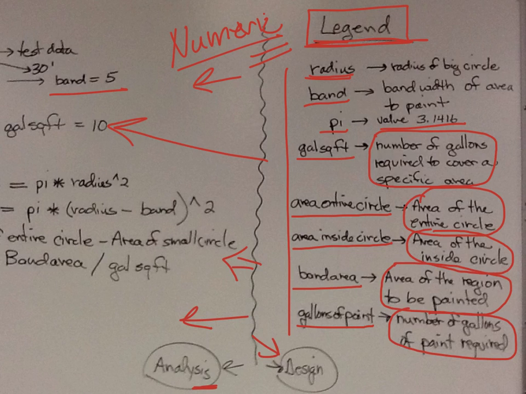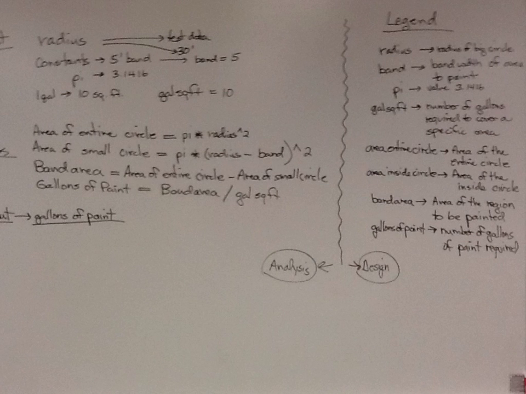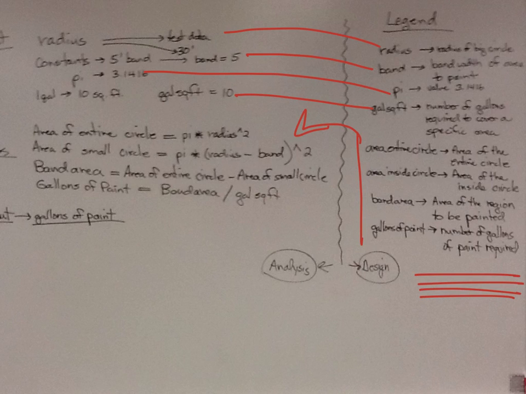And these are actually going to represent locations in memory. It's good to remember, they're going to represent locations in memory. So here's the big picture again. We got the radius, the band, pi, square feet, and then we'll be able to calculate all of these from these processes. But these then are the variables that we define.